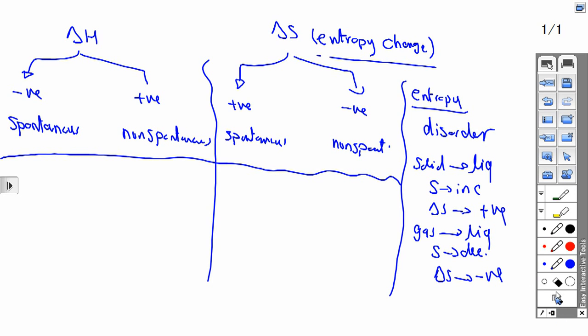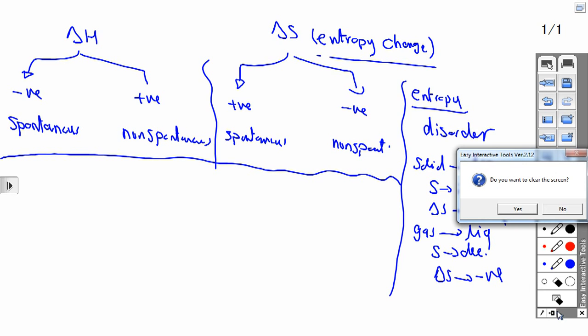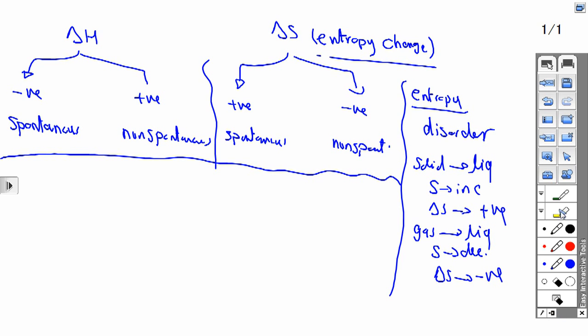One of the scientists solved this problem: Gibbs. He made a new quantity called Gibbs free energy, delta G. Gibbs free energy is the quantity that combines delta H and delta S to tell overall whether the reaction is spontaneous or non-spontaneous.